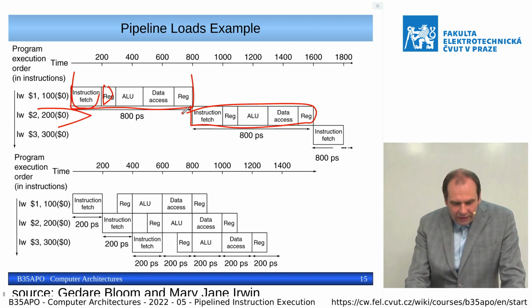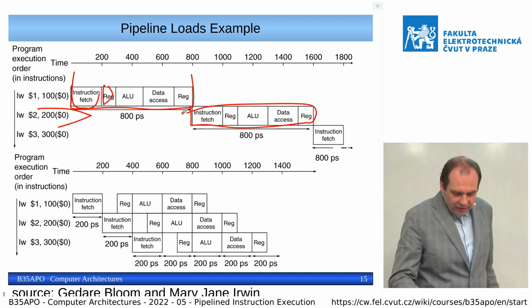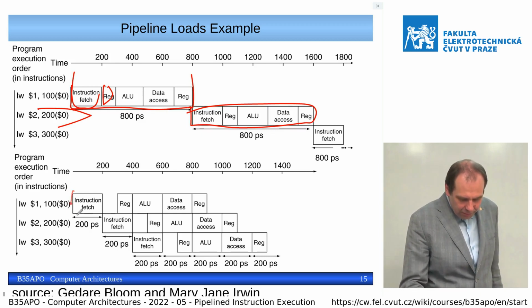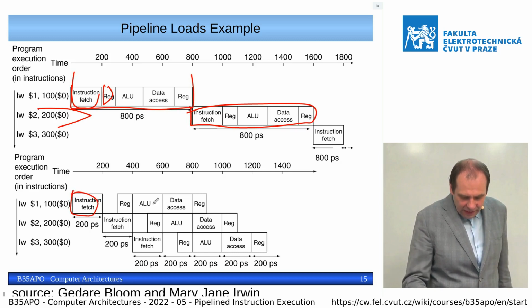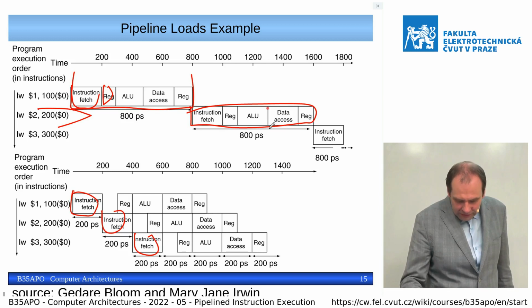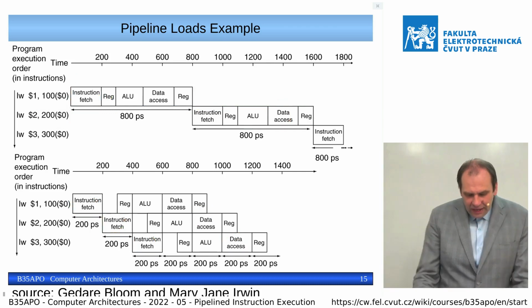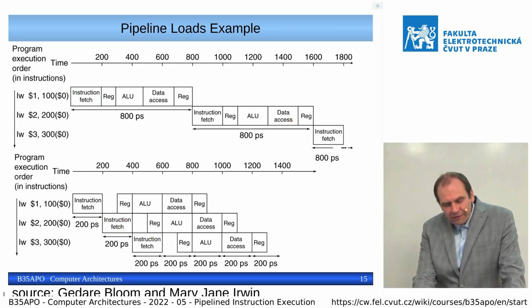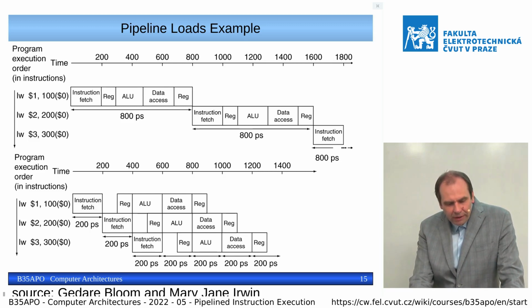But when we interleave the operations, when we use a pipeline, we can interleave them because memory access doesn't take more than 200 picoseconds. So we can increase the clock frequency and reduce the clock cycle time to 200 picoseconds.